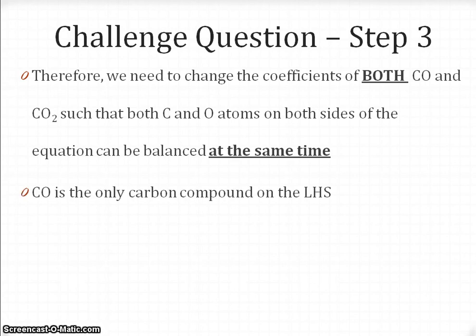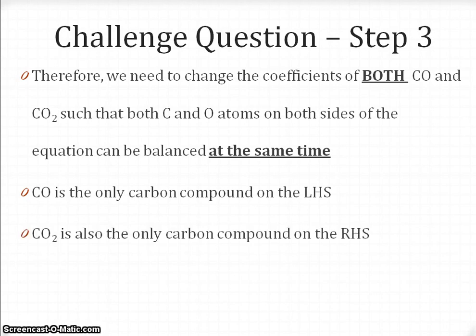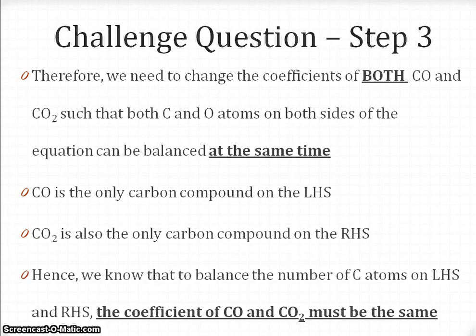We notice that carbon monoxide is the only carbon-containing compound on the left-hand side, and that carbon dioxide is also the only carbon-containing compound on the right-hand side. Therefore, we know that to balance the number of carbon atoms on the left-hand side and right-hand side, the coefficient of carbon monoxide and carbon dioxide must be the same.